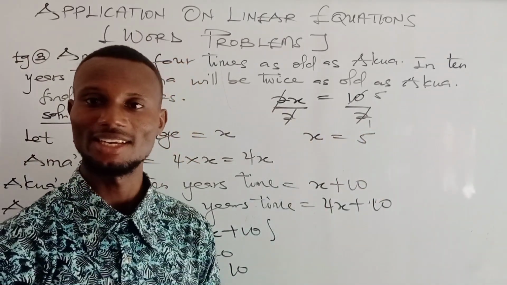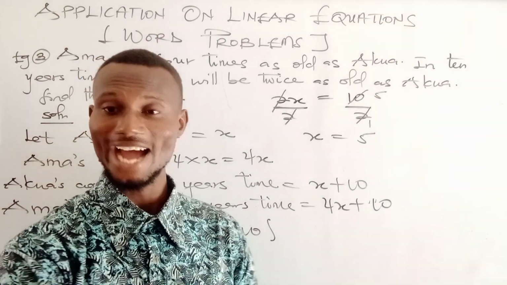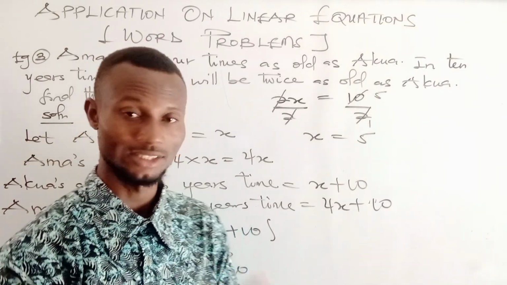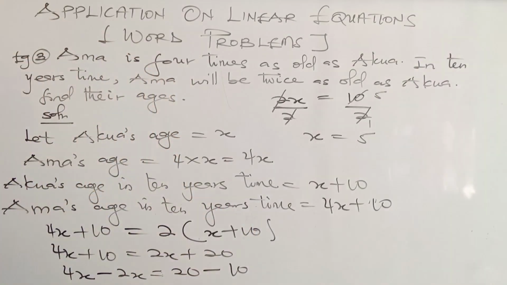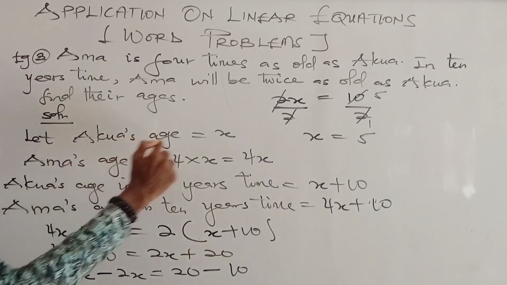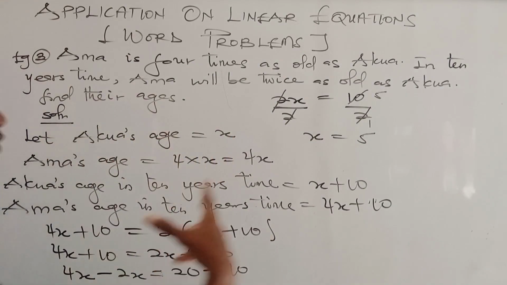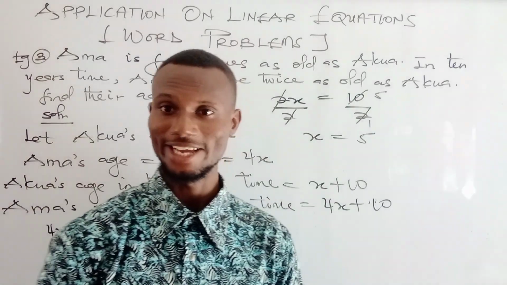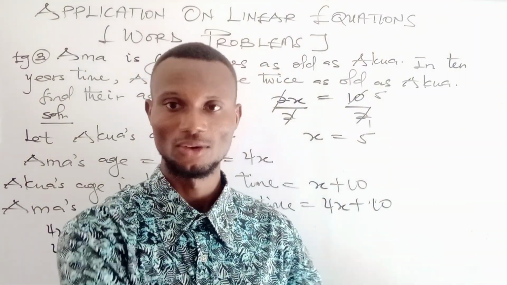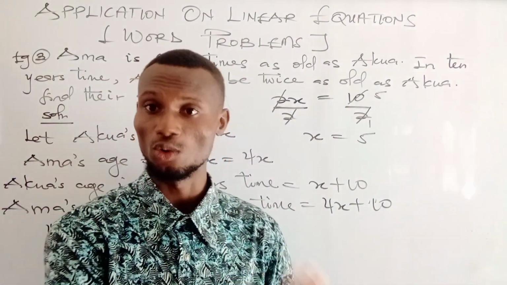Now the question says that we should find their ages, talking about their present ages. Now take note that Ikue's present age is s. So we conclude that therefore Ikue's age is 5 years. You don't leave it like this, you need to conclude.